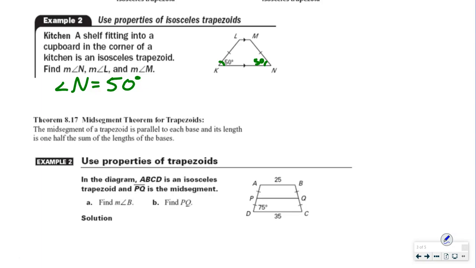We've got our two parallel lines and a transversal, and they're consecutive interior angles, which means they're supplementary. So I would take 180 minus 50, and my other two angles are going to be 130. So L is congruent with M, and they're both 130.